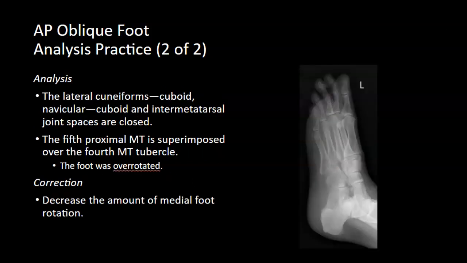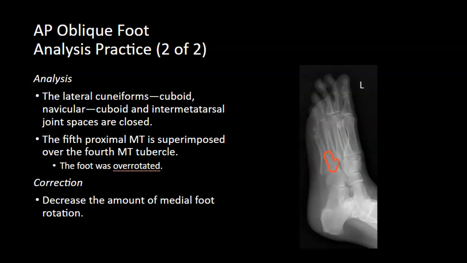In our second AP oblique foot practice analysis, we're going to look for that cuboid to be free of superimposition, so it's not. So now we need to determine, are we excessively rotated, or are we insufficiently? And the biggest thing we want to look for is the position of this metatarsal and this 4th tubercle.